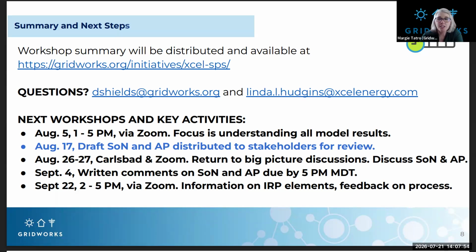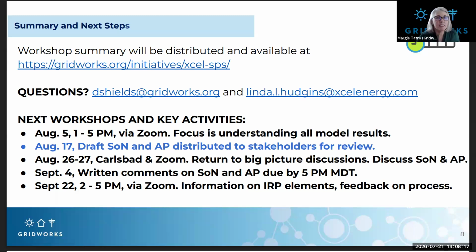And then the additional deadline that we have worked on with the utility is by September 4th. Any final written comments from stakeholders on the statement of need and action plan will be due by the 4th of September. The utility will take those comments into consideration and decide how or if they can address them.